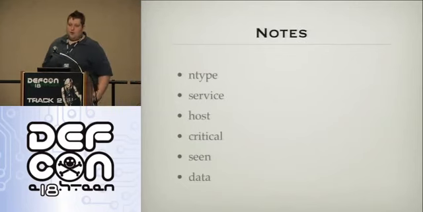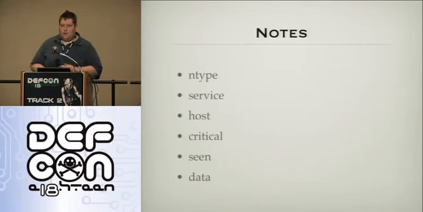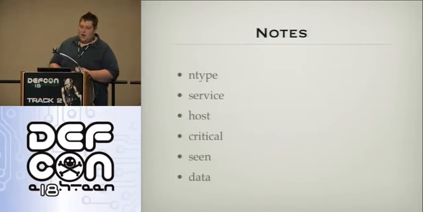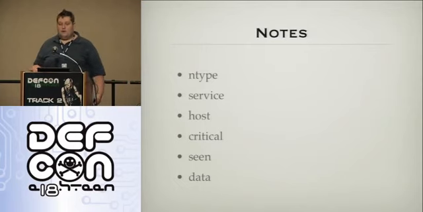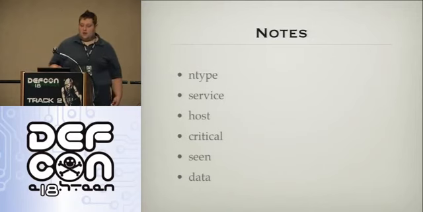So notes are pretty cool, because if you have something that's not a vulnerability but you want to keep track of it, you do that with notes. So notes have a note type, which is essentially arbitrary. If you are developing something new, you want to keep track of it, you can create your own note type. Notes pertain to services and hosts.